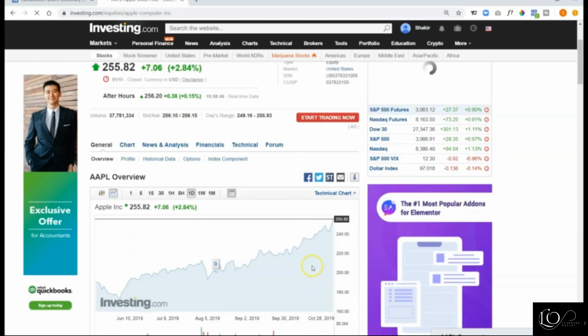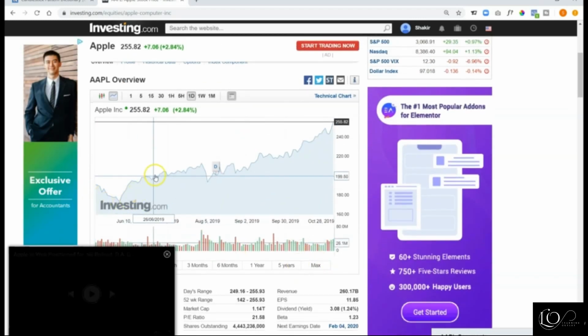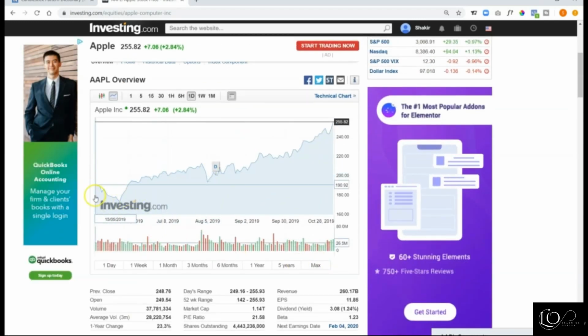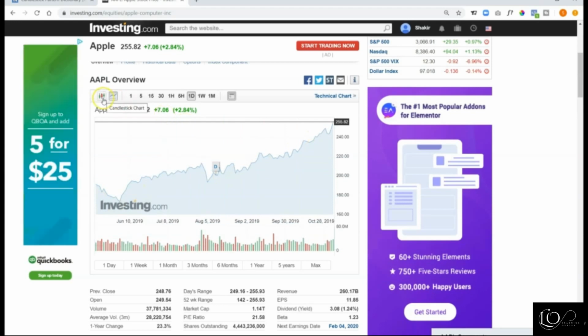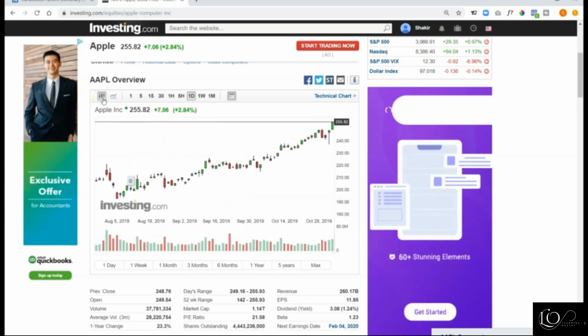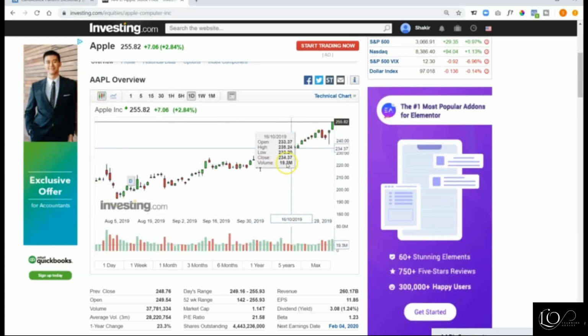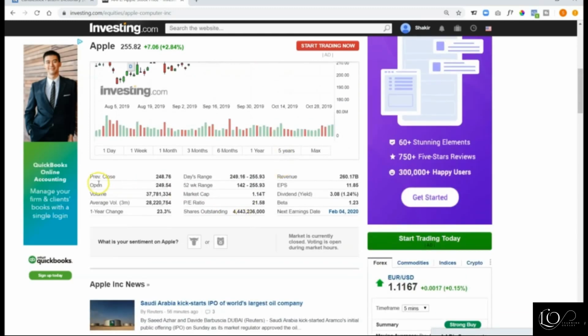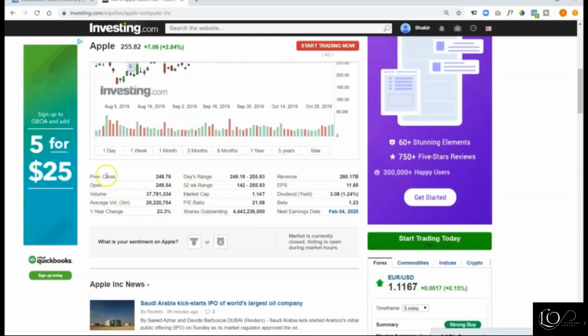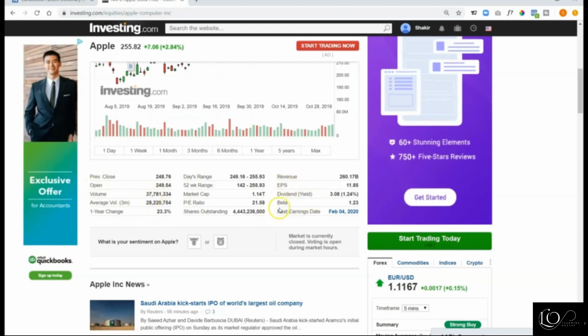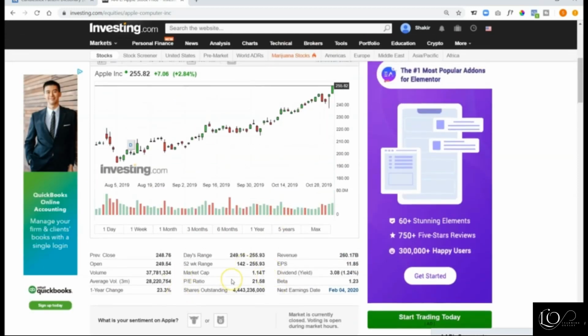When you do this, it's going to open up Apple's stock chart, and you can see that this is just a straight line chart. What you can do is click on the candlestick icon here, which is going to show you all the candlesticks, and then it gives you the day's range, the previous open. It gives you a number of other details like the EPS, but this is not really involved with technicals.